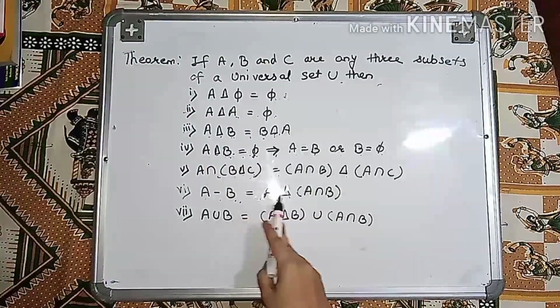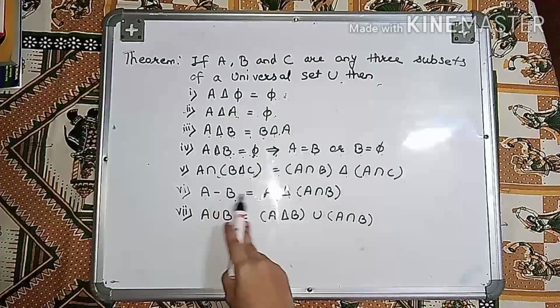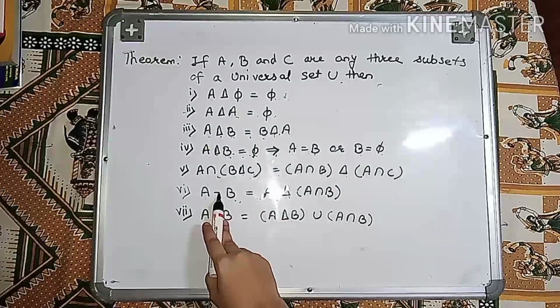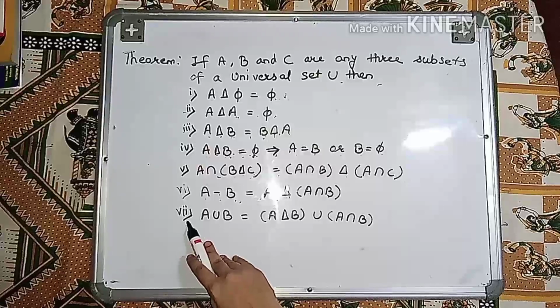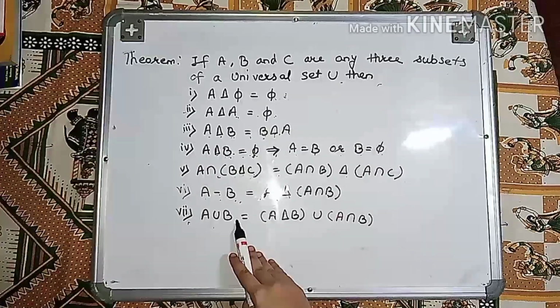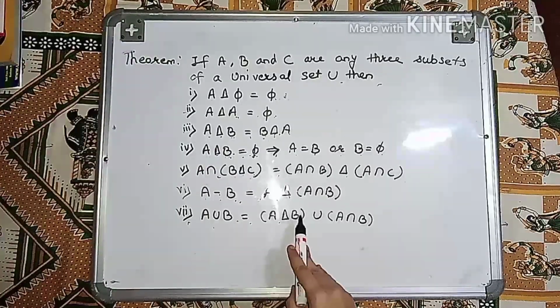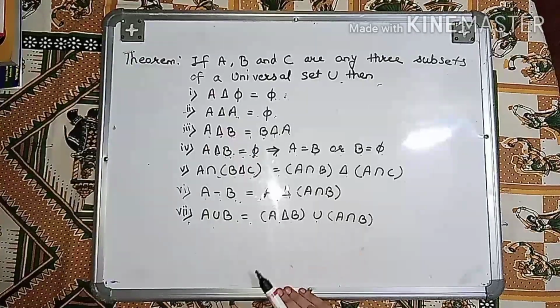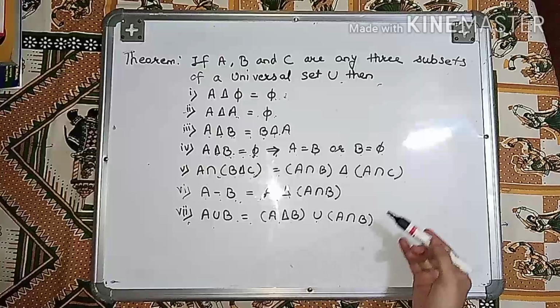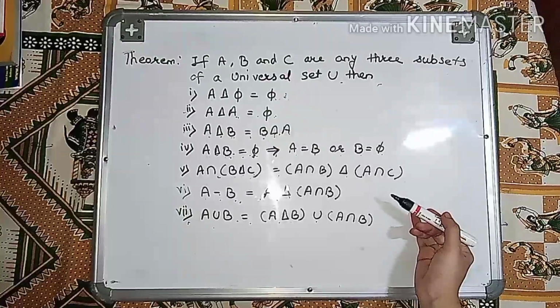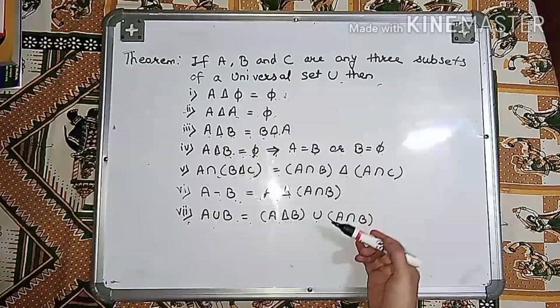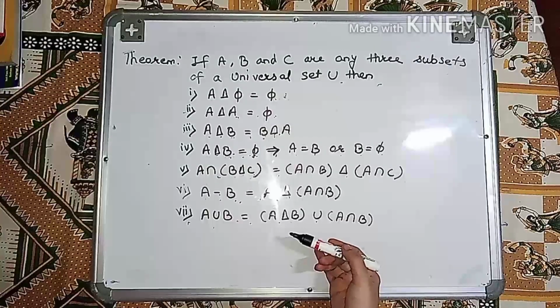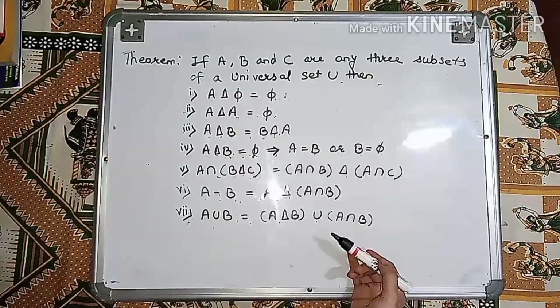This is the relation between symmetric difference and difference. Next, A union B is equal to (A symmetric difference B) union (A intersection B). Here we see the relation between difference, symmetric difference, union and intersection.